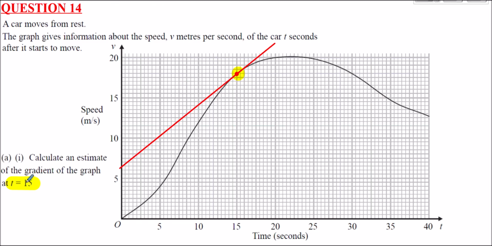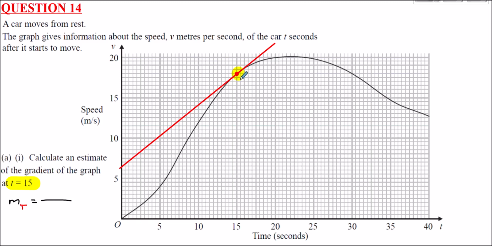Okay, so the gradient of the tangent, which I'll call t for tangent, is going to be the change in y divided by the change in x. Now, all we need is 2 points on the line to find the gradient. We've got one point here where the time's 15.